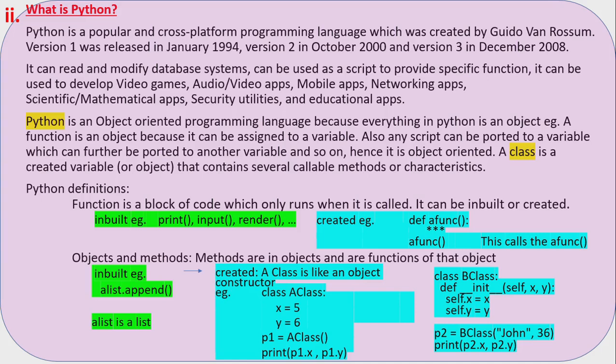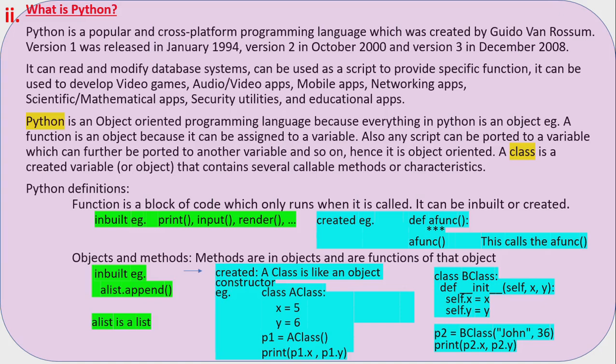Now, there are some specific definitions that you need to know in Python. A function is a block of code that runs only when it is called. The function can be inbuilt, or it can be created.